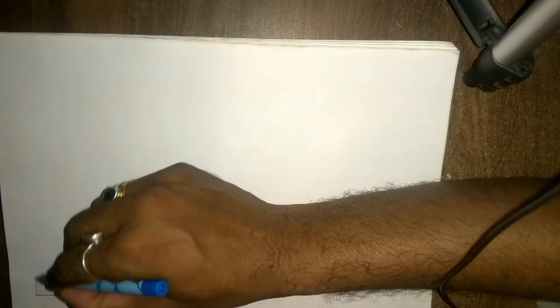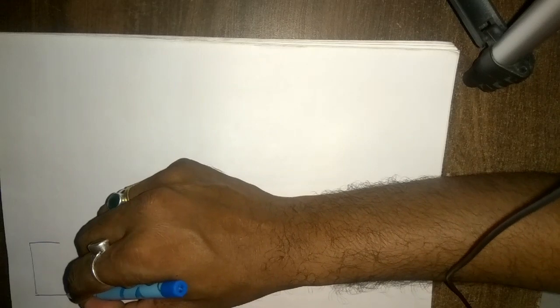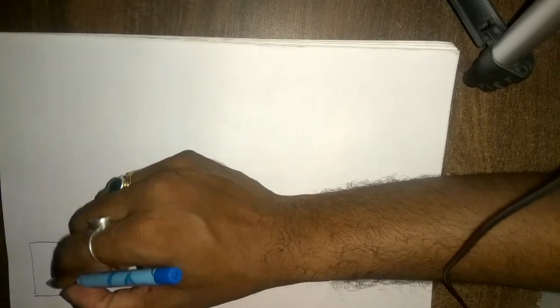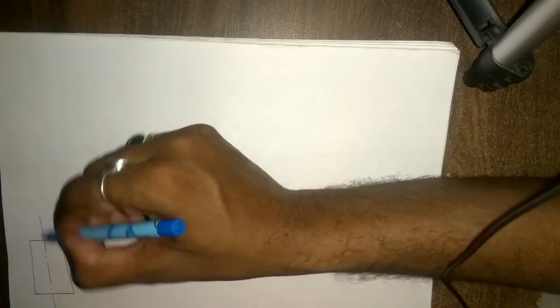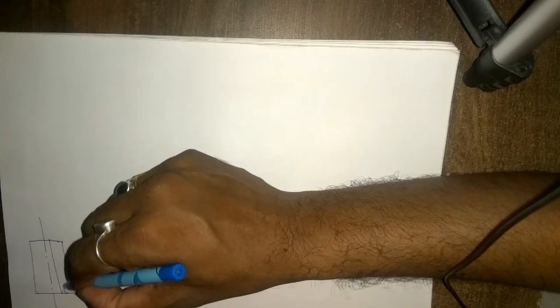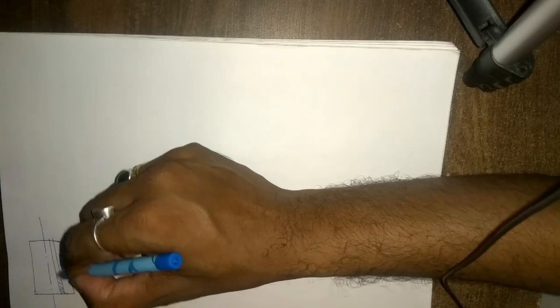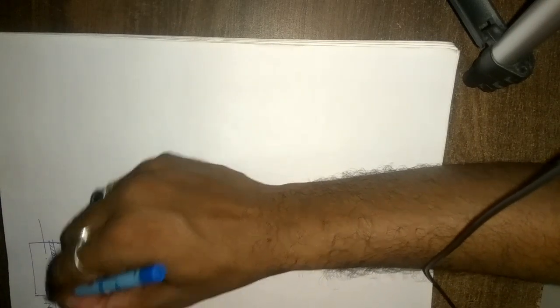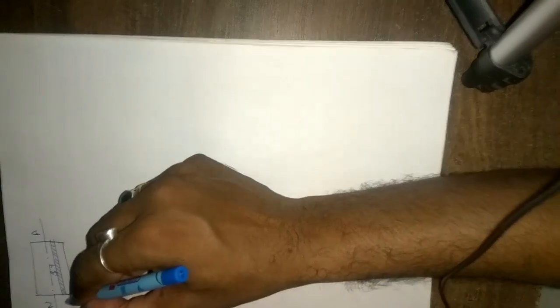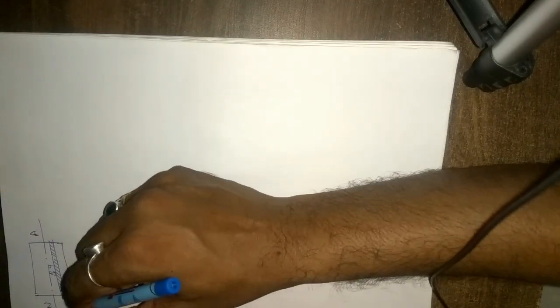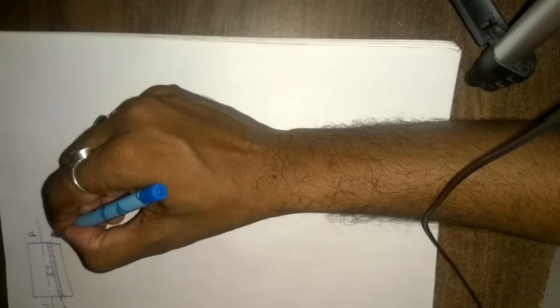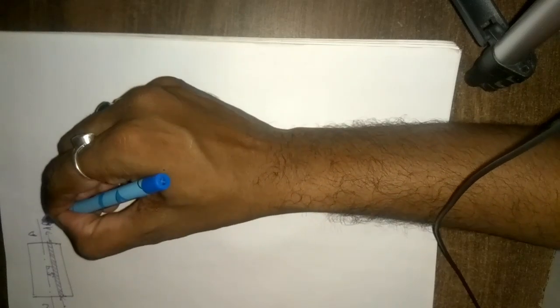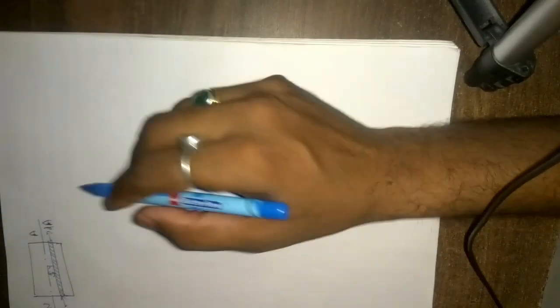So now we will discuss this in a broad way. This is the neutral axis, this length is y, this force is dF, and the area is dA.